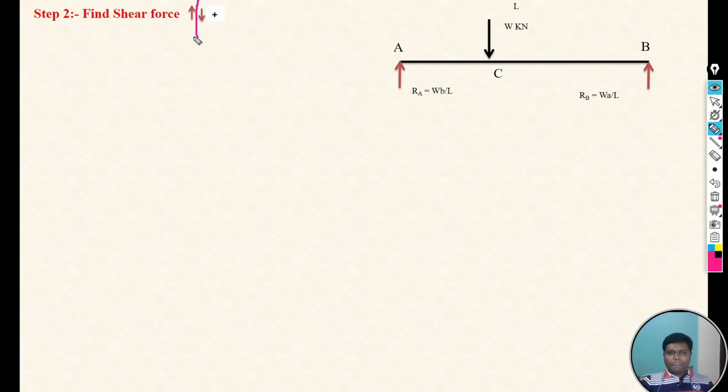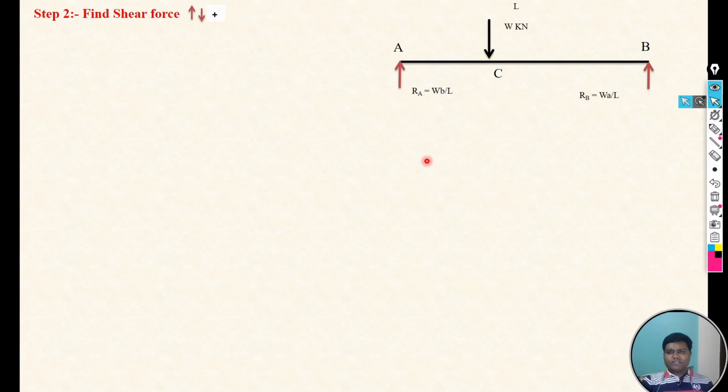If any force is on the left of that particular section and the direction of that force is upward, we take that force as positive and a downward force as negative. Similarly, if any force is on the right of that section and the direction of that force is downward, it should be positive, and an upward force is negative. That is the simple sign convention we need to consider while calculating shear forces at each point.